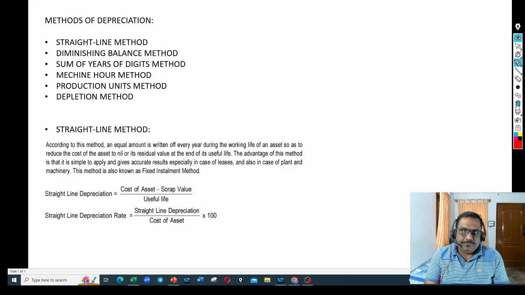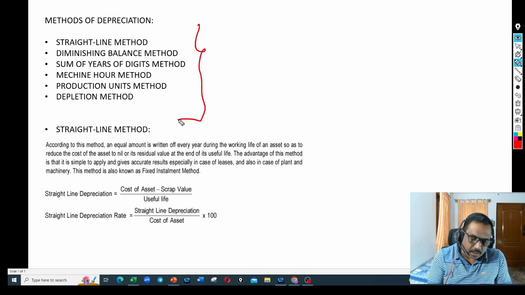Okay, guys. Let us talk about different methods of calculating depreciation. There are several methods. We are going to discuss a few important ones here. We will talk about the straight line method, how depreciation can be calculated, what journal entries are to be posted, and how a machinery account and depreciation account are to be maintained.